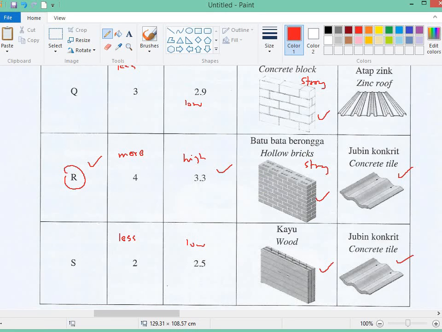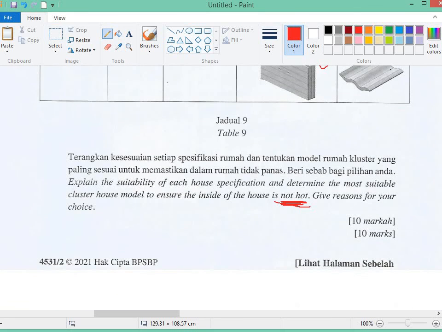But usually it's very rare that a question will come up where the choice is not obvious, where the best choice doesn't have all 4 ticks. Usually the best choice will have all 4 ticks.